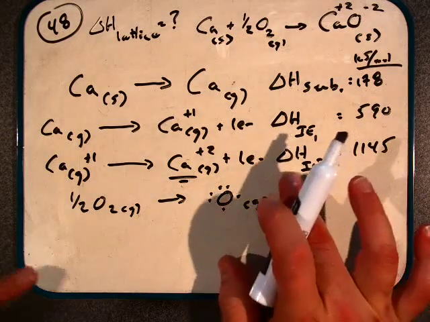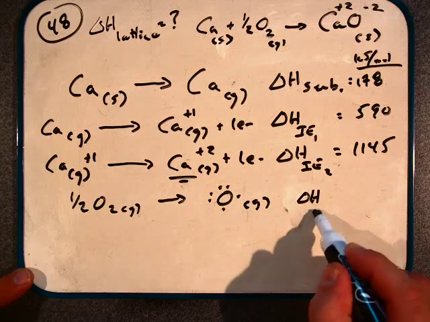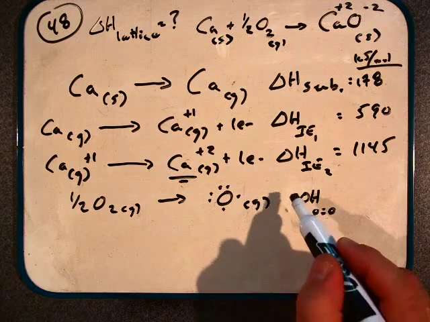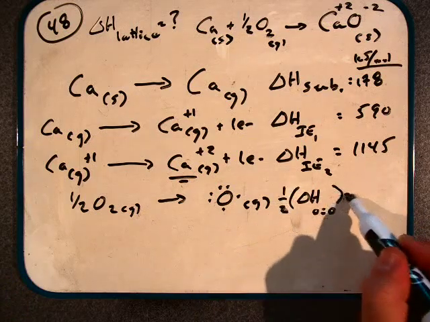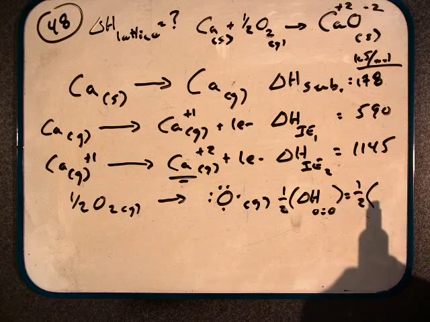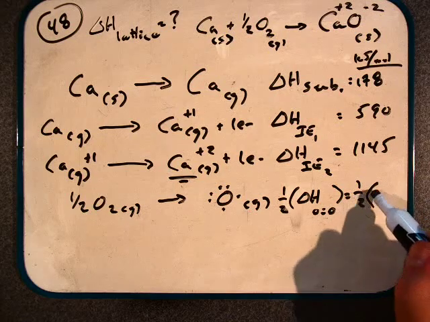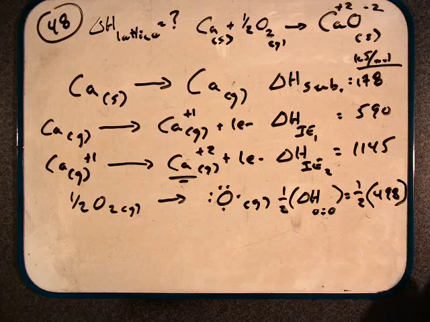And so this would be equal to the delta H of the O2 double bond. And more importantly, it would be 1/2 of that value. And we would get that value from bond energies. And the bond energy for an oxygen-oxygen double bond is 498 kilojoules per mole.